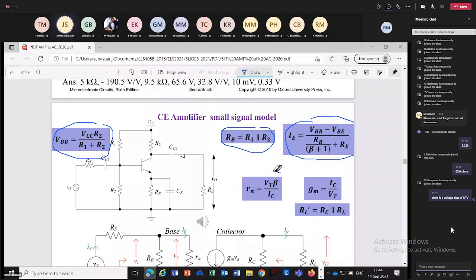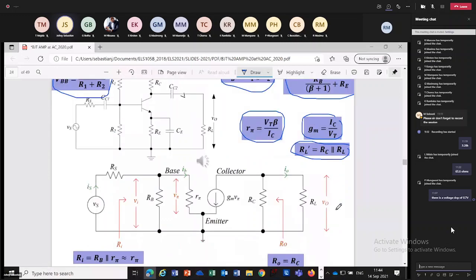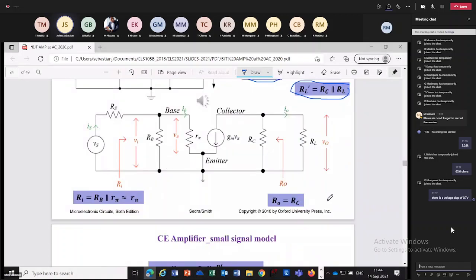Then we have small signal values R pi, GM, and RL prime. Then we have the small signal model as we just now did on the paper. So the major difference is that input impedance RB and R pi are going in parallel. That's a major difference here.